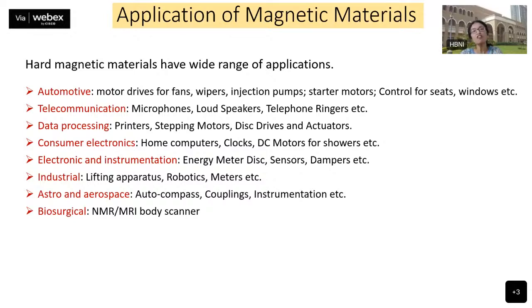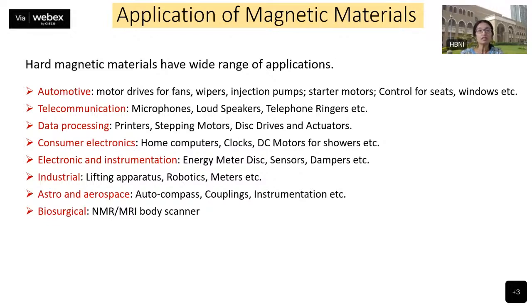In data processing, you have printers, stepping motors, disk drives, and actuators. In consumer electronics, it is used in home computers, clocks, and DC motors, for the showers, etc. Then you also have the electronics and instrumentation field, where you find these hard permanent magnetic materials in energy meter discs, as sensors, and as dampers.